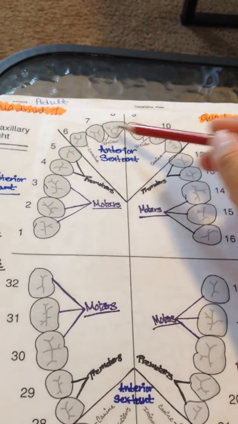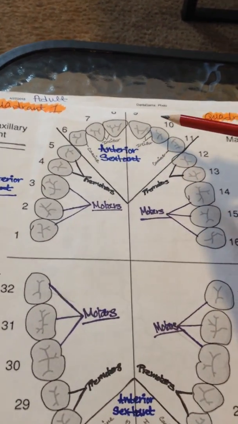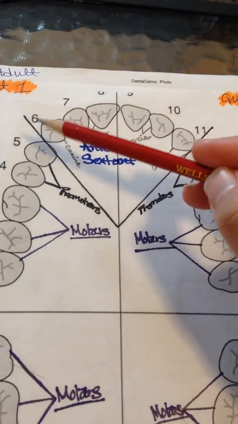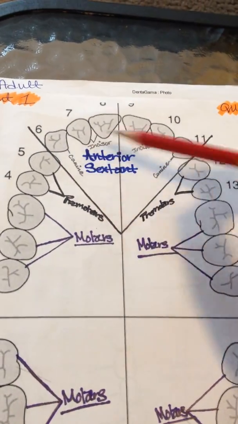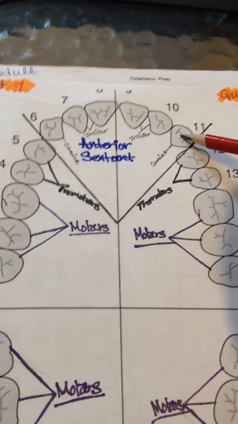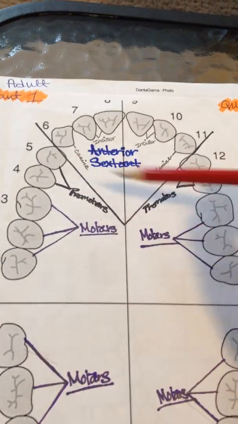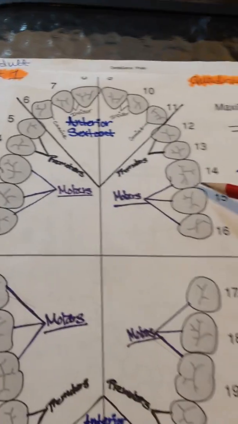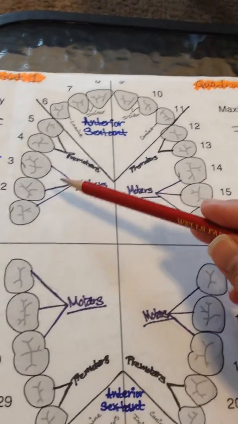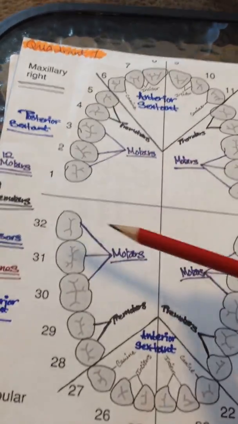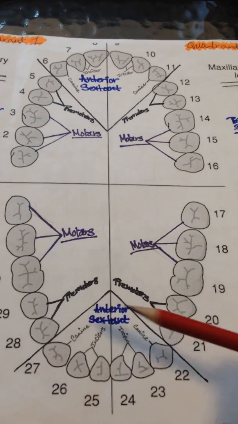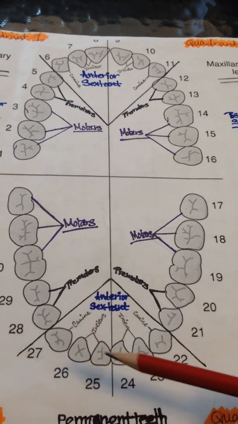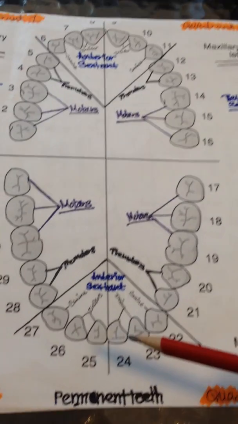These 1, 2, 3, 4 are incisors. The sharp teeth that look like a shark's are called canines. Then you have the premolars, the molars, then more molars, then premolars, canine, incisors.